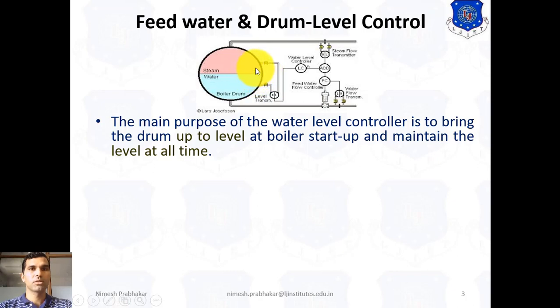If the water level goes beyond the higher level limit, then the controller will control the water level by using this feed water inlet valve. Here it stops the feeding of the water. And if the water level goes very low, then by using this water feeding valve, it fully opens, so the water level is increased inside this drum.